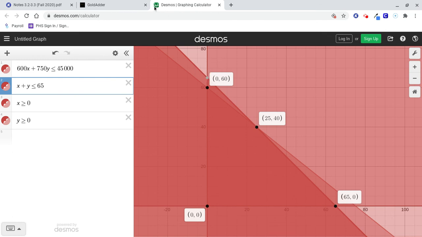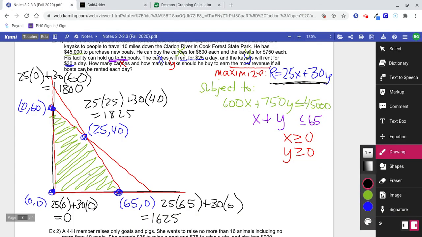If you look at my graph, the quadrilateral right here goes to this point at 60, and you might have been looking at this point at 65, but that's not less than. Remember, it had to be less than or equal for both of those two lines. So we had to go lower than this line, which puts us here. All right, so we're pretty much done.